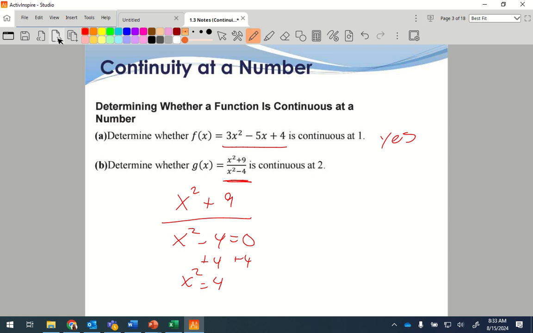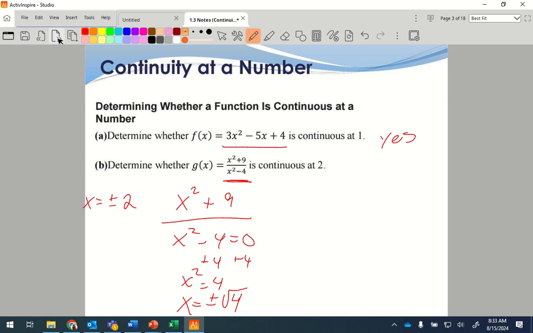Plus or minus. Because right here, there is a possibility, and a lot of students forget about this, that I'm taking the square root of both sides. That means that there's a possibility x equals plus or minus the square root of 4. So that means that my places in which that it is going to be equal to 0 would be x equals plus and minus 2. So that's one way of doing it.